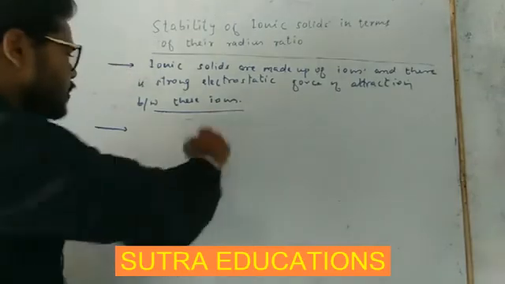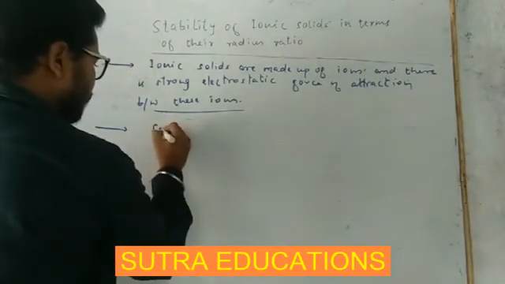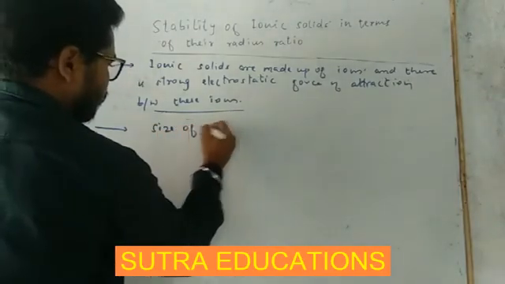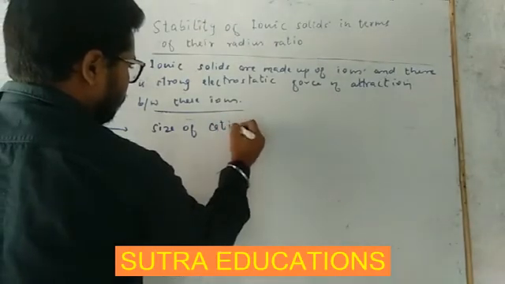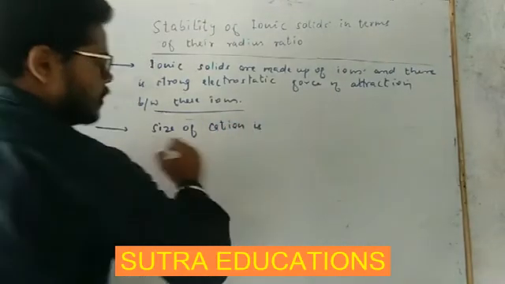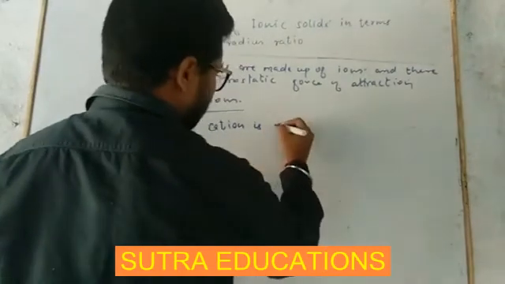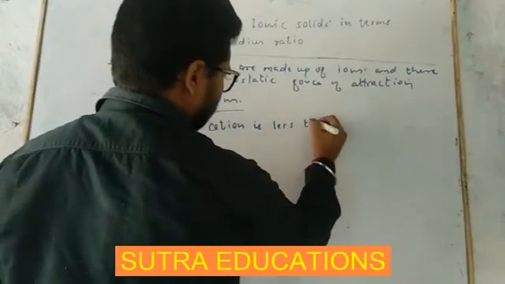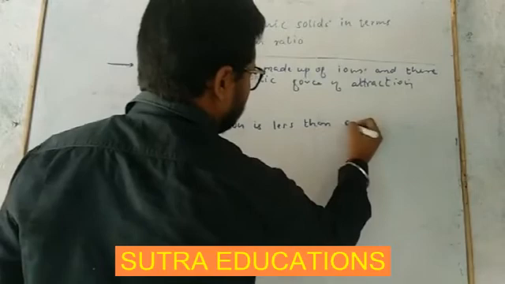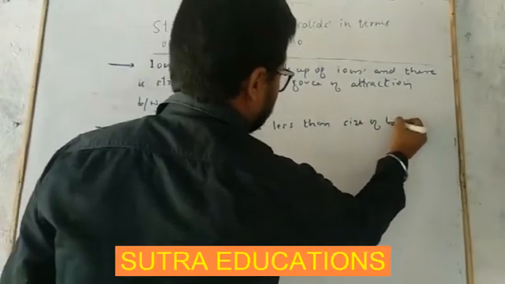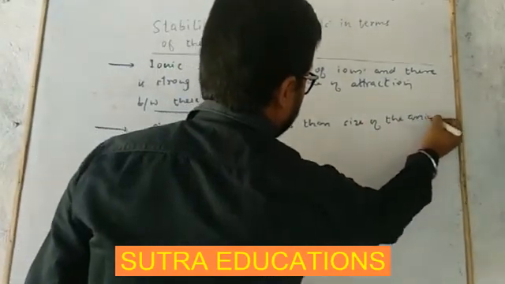Okay, means size of cation is less than size of the anion.